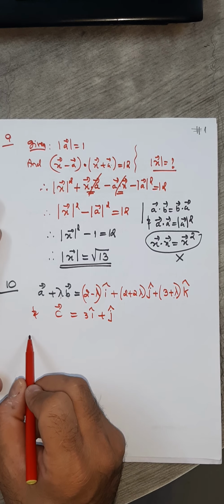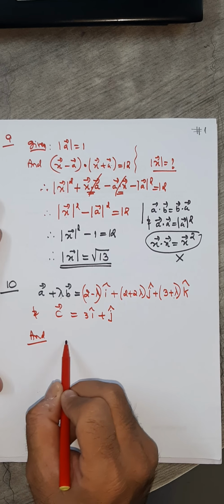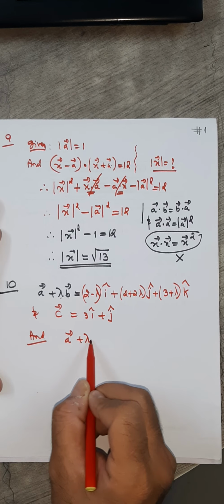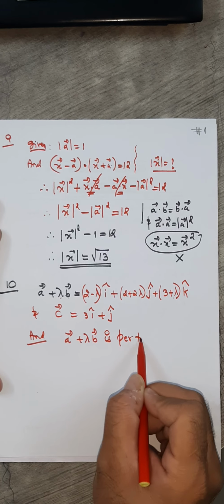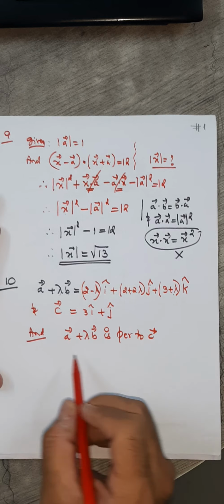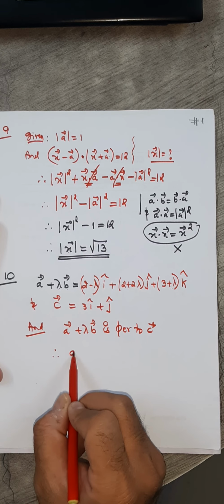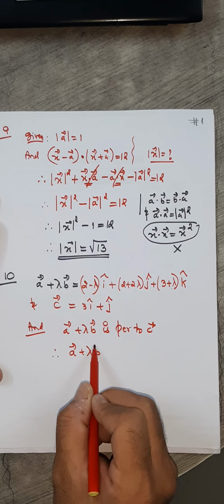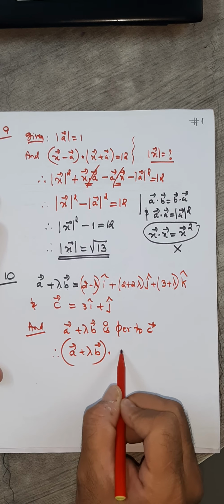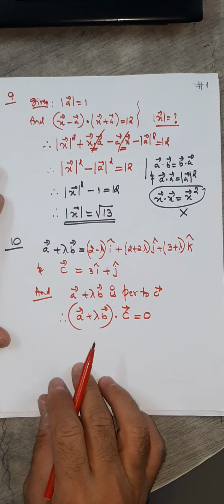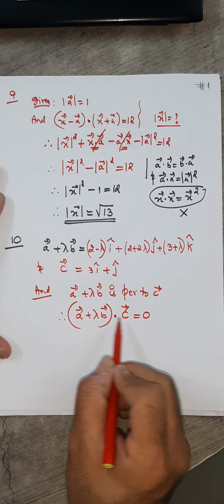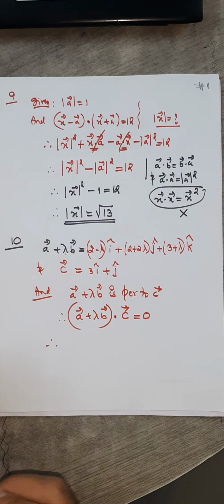Okay. And you are given this, that vector A plus lambda vector B is perpendicular to vector C. That's given to you. What's the meaning of this? The dot product of these two must be 0, remember. As I mentioned, two vectors are perpendicular if and only if the dot product is 0. So dot product of this with this must be 0.